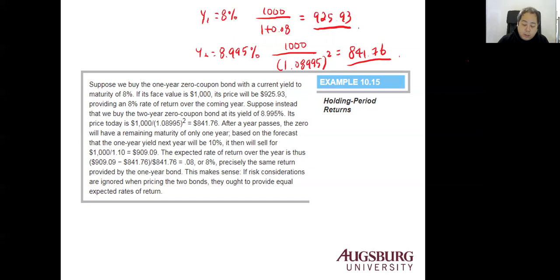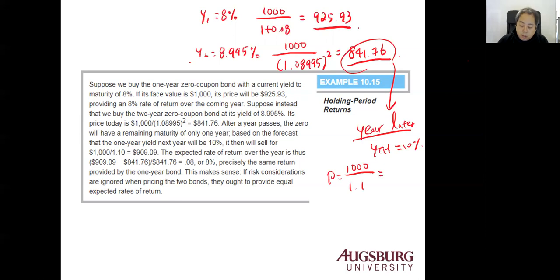Now 1 year later, so you hold this bond for 1 year, now you believe that the new interest, YTM at year 2, equals 10%. Then this bond price will be 1,000 divided by 1.1, right? Equals $909.09.